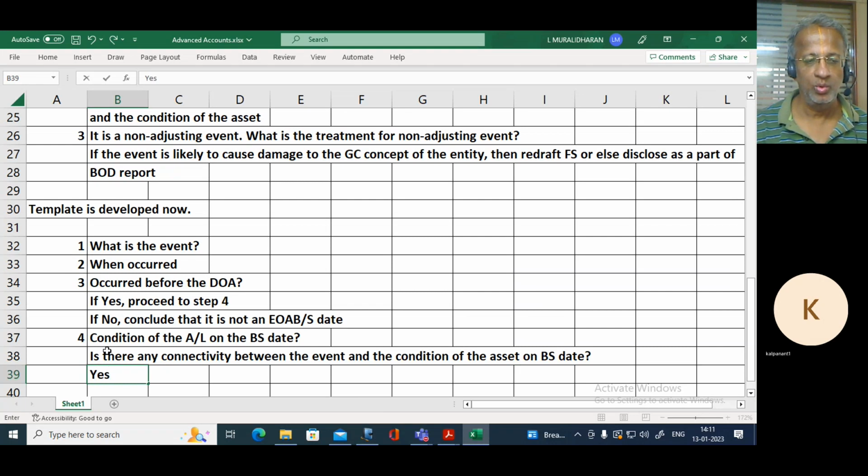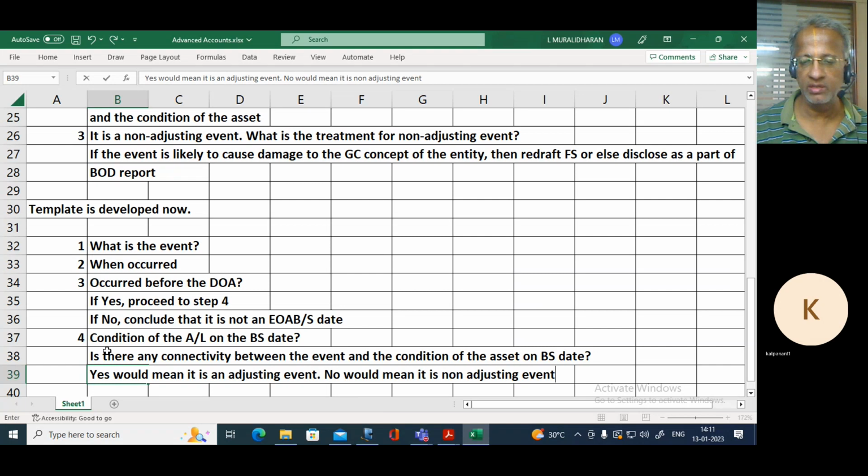Yes would mean it is an adjusting event. No would mean it is a non-adjusting event.